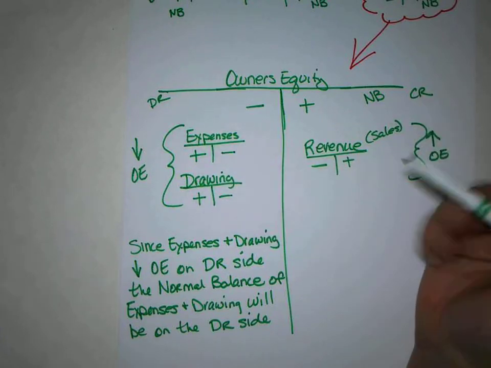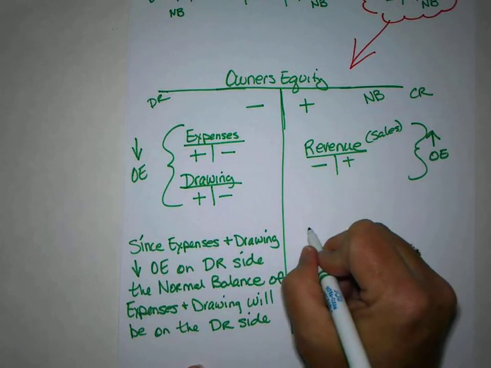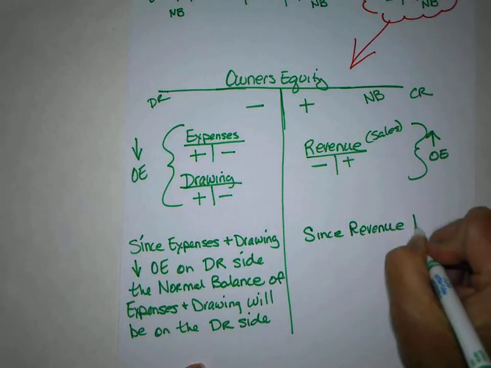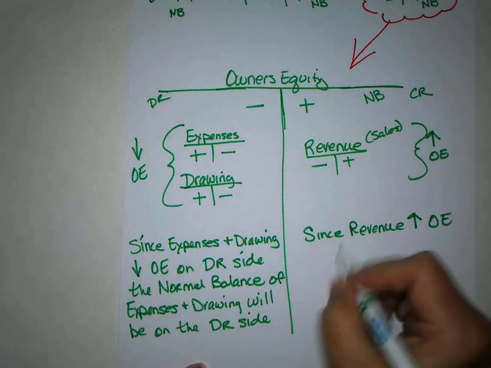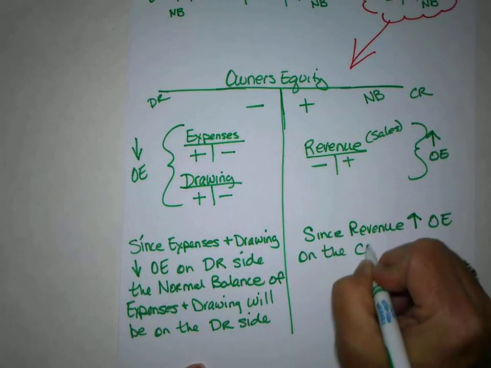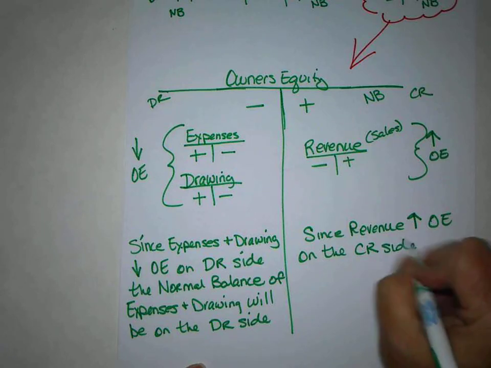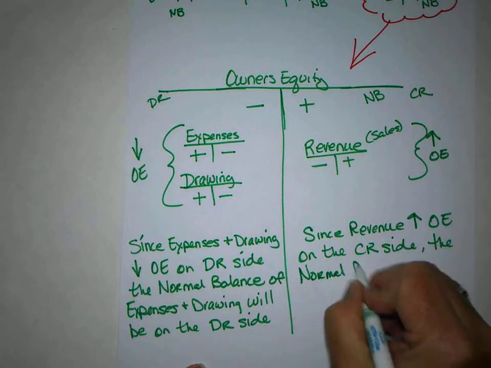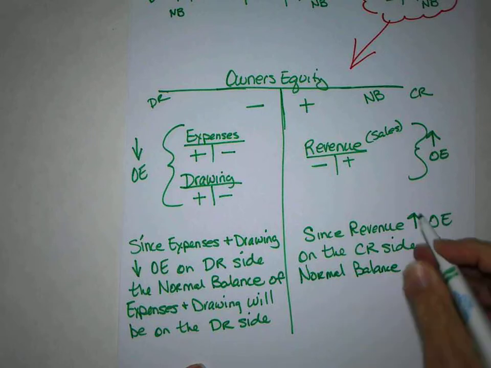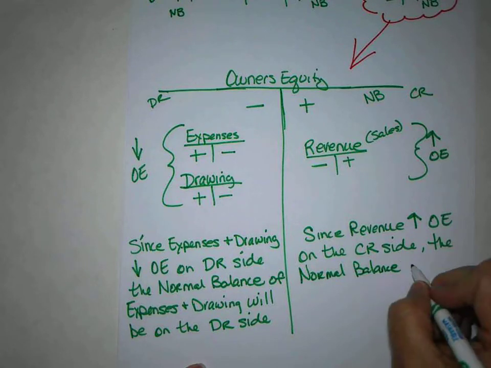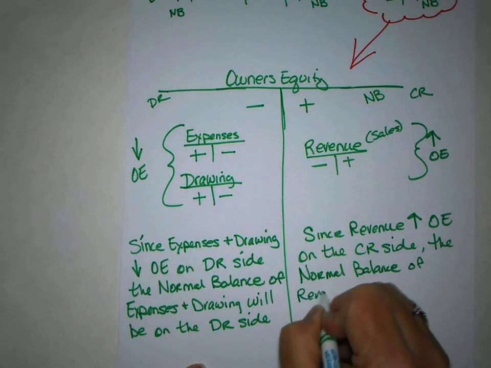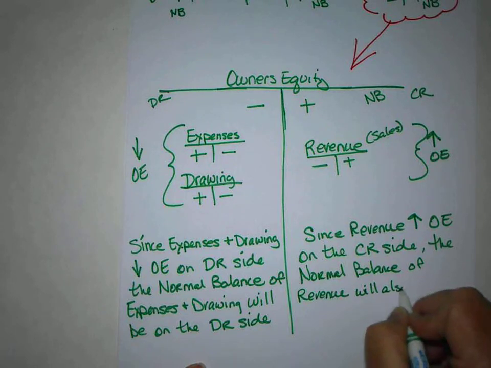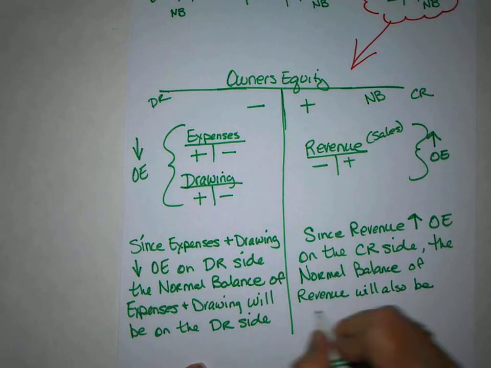Okay, and then over here, since revenue increases owner's equity on the credit side, the normal balance of revenue will also be the credit side.